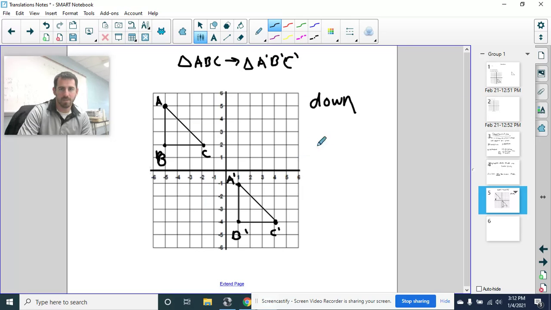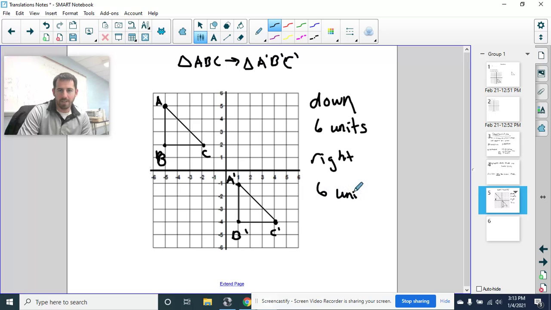So it went down 6 units. So we say down 6 units. And then we say how far it went right or left. So after it went down 6, it went right 1, 2, 3, 4, 5, 6. That was a complete accident with the 6 and the 6, but it went right 6 units as well.